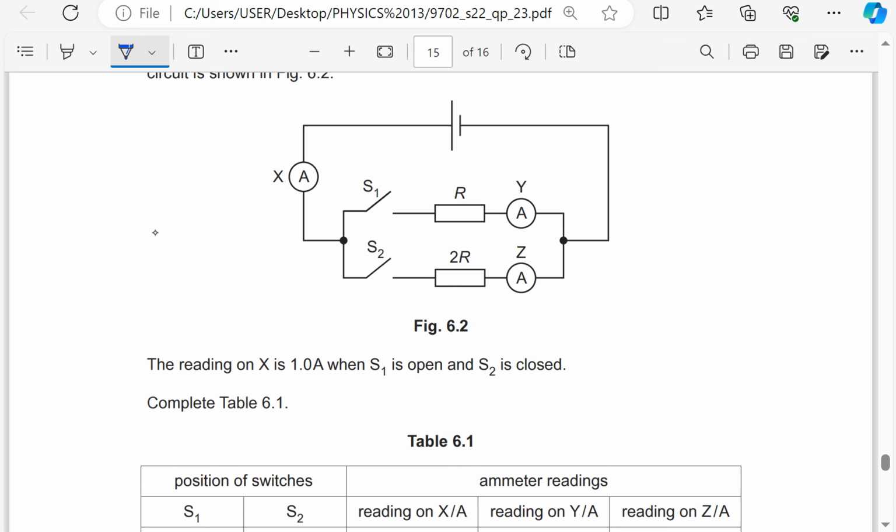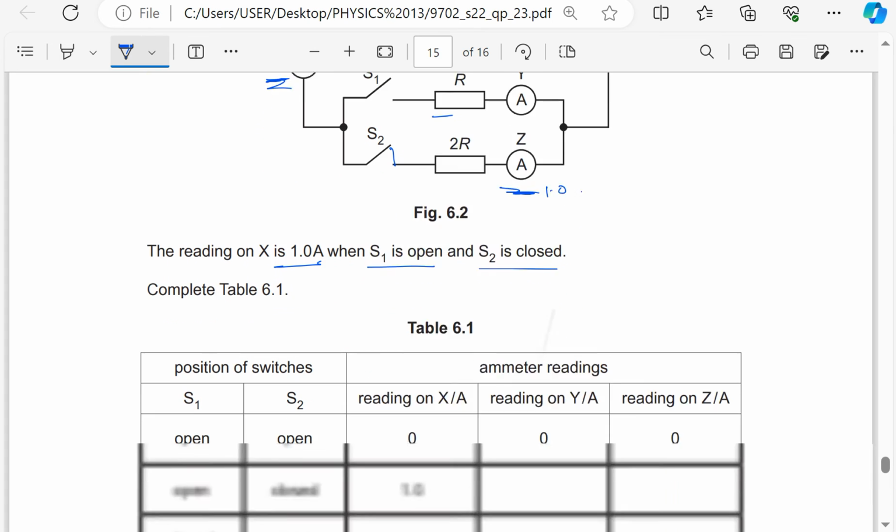So when S2 is closed, X reads 1.0. Y will be out of circuit. When we close S2, the current in X is going to be the same as the current in Z. So Z will also read 1.0 when S1 is open and S2 is closed.